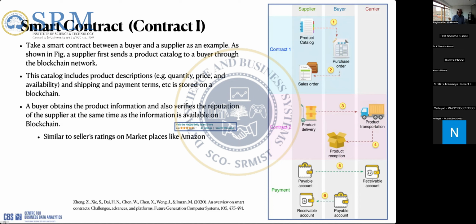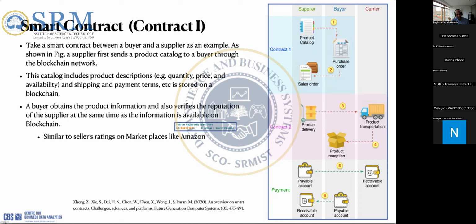So here also, since we have all the information about how many products the seller has sold before, and how many times he fulfilled the promises and things like that, let us say we have a reputation built from the historical transactions which happened previously.